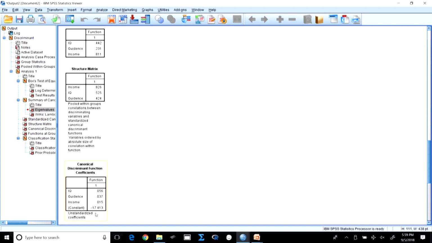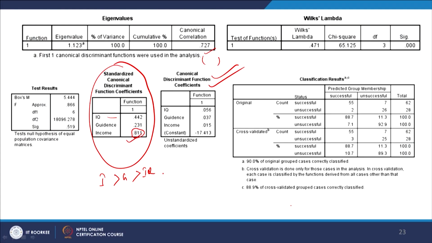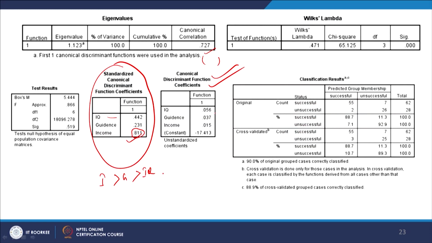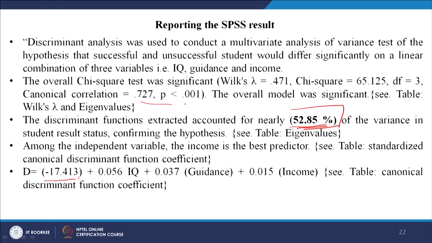Now I want to find a discriminant score, so my equation will be built on this: minus 17.413 plus 0.056 IQ plus 0.037 guidance plus 0.015 income. This is how you calculate the discriminant score.